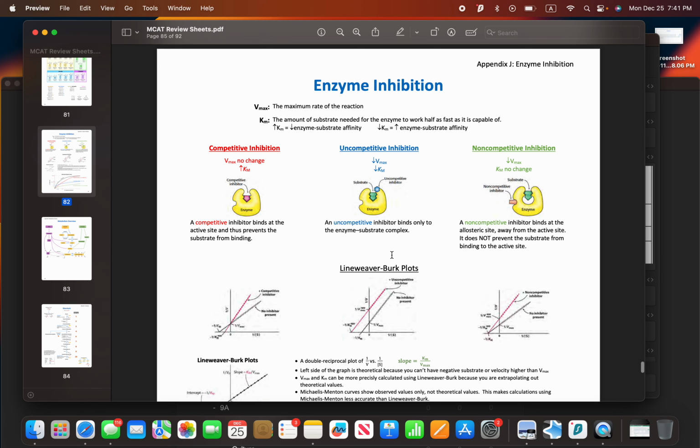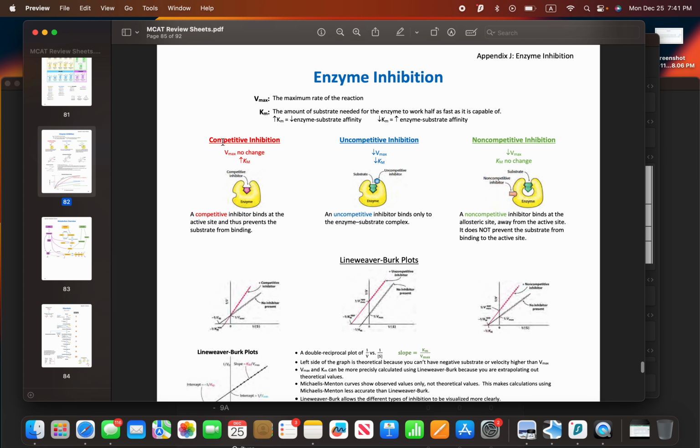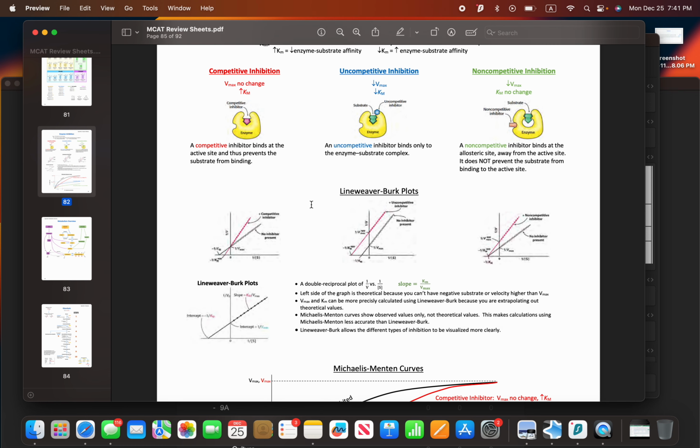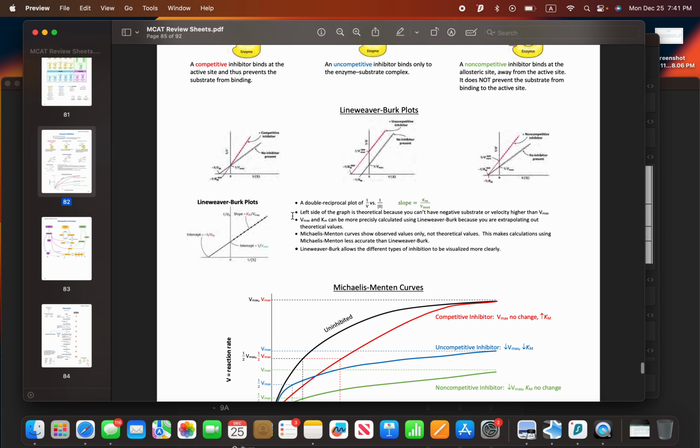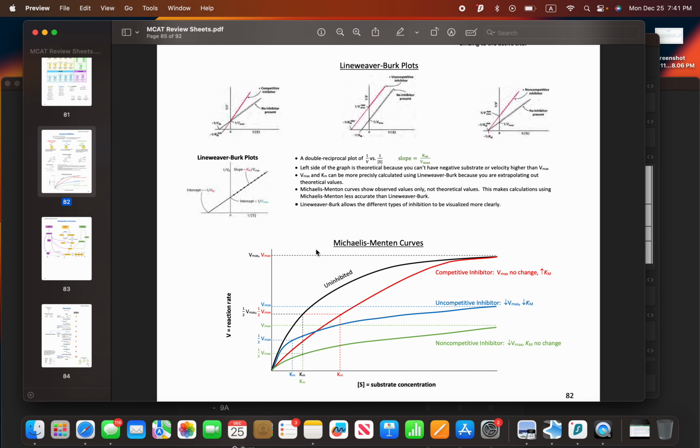So basically the first thing is to know the structural interplay between the inhibitors and their effect on the Km and the Vmax and with the enzyme in general, and also the Lineweaver-Burk plots and the Michaelis-Menten curve.